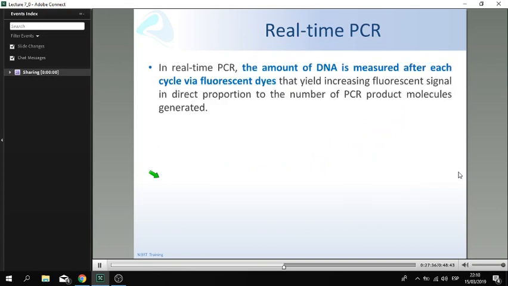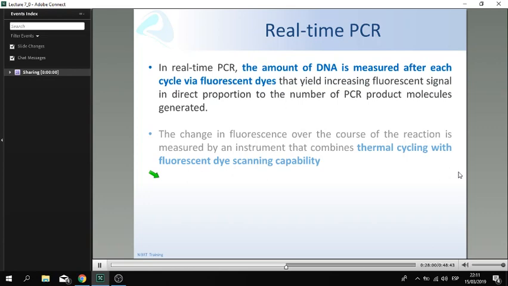So in real-time PCR, the amount of DNA is measured after each cycle, and we can do that because we add a fluorescent dye to our DNA as it's being made, and that yields an increasing fluorescence signal. That's proportional to the number of PCR product molecules generated. So the more product we have, the higher the intensity of the fluorescent signal.